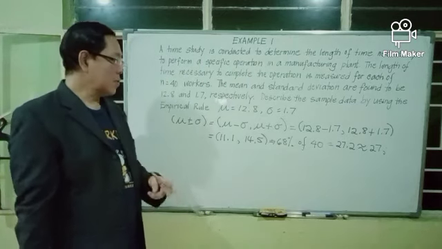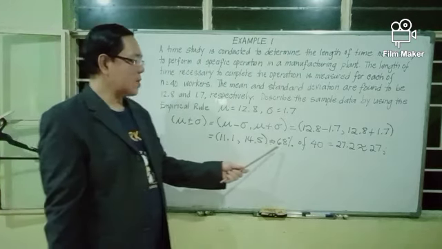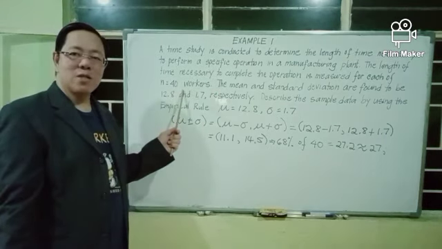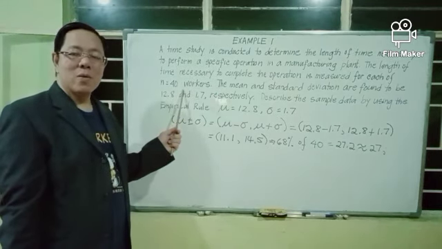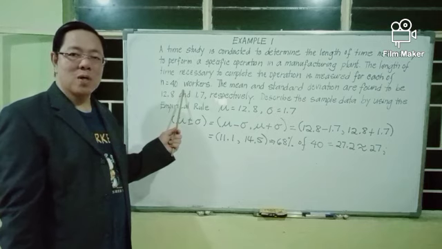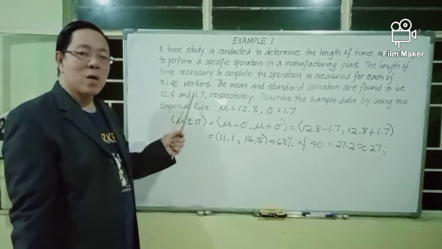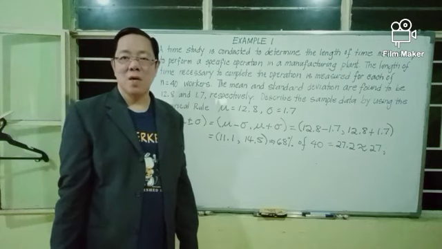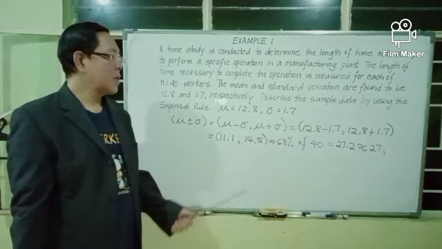By the empirical rule, it means that 68% of the 40 observations, because for each test we have a sample of 40 workers, and they work on a certain operation to determine their completion time for that specific operation.